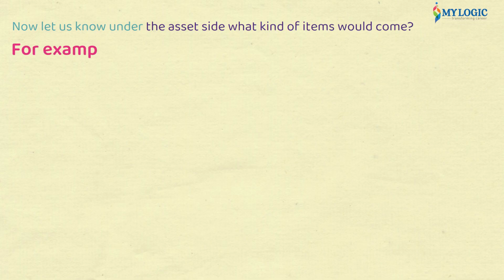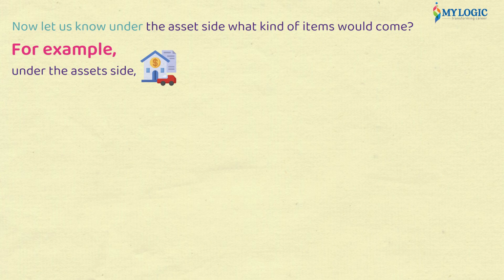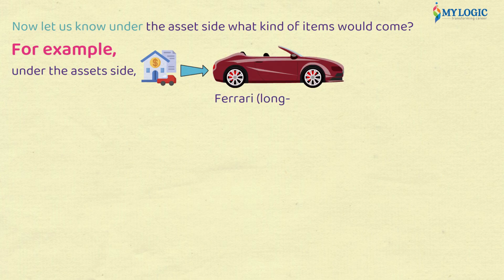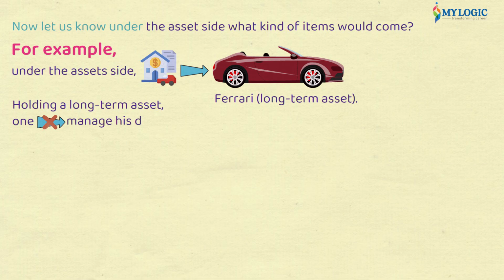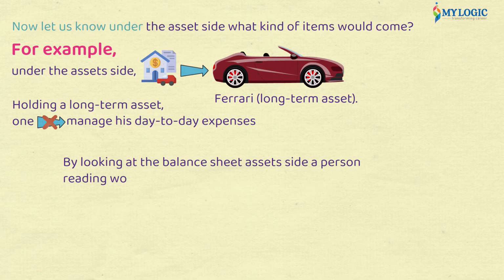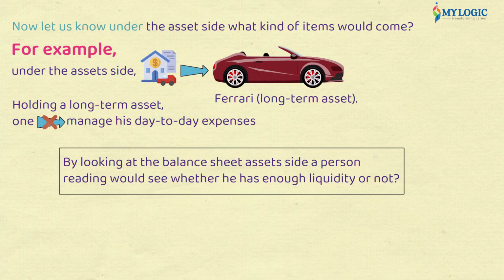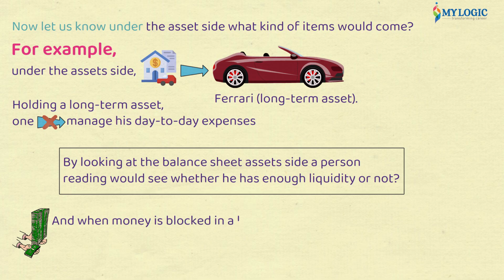For example, under the asset side, it shows the Ferrari, a long-term asset. Holding a long-term asset, one cannot manage his day-to-day expenses. By looking at the balance sheet assets side, a person reading would see whether he has enough liquidity or not. And when money is blocked in a long-term asset and there are no short-term assets, the liquidity is not there.